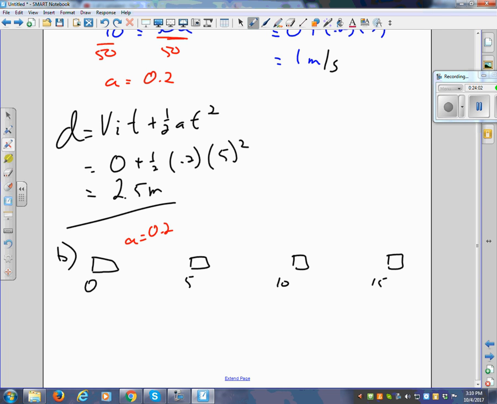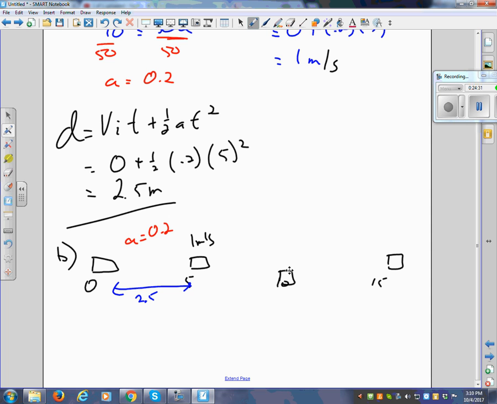And what is that distance that we just figured out from 0 to 5? 2.5 meters. What's happening between 5 and 10? It's not slowing down, it's the same speed. So it's going at 1 meter per second, and the next time the force is applied is over here at 15.